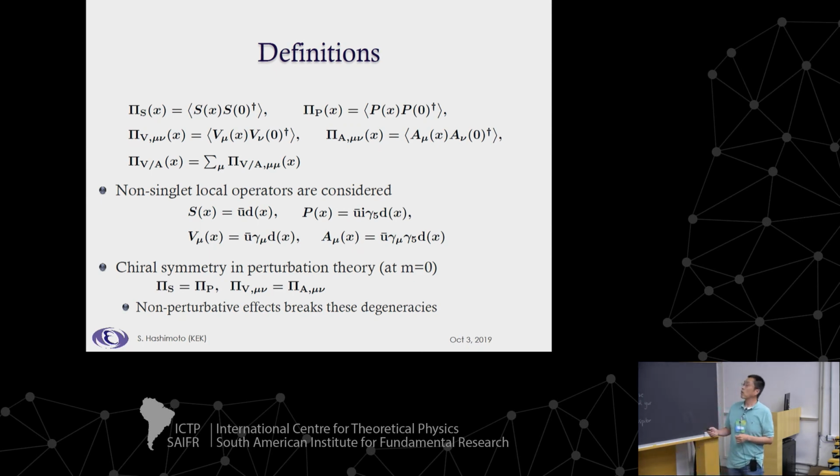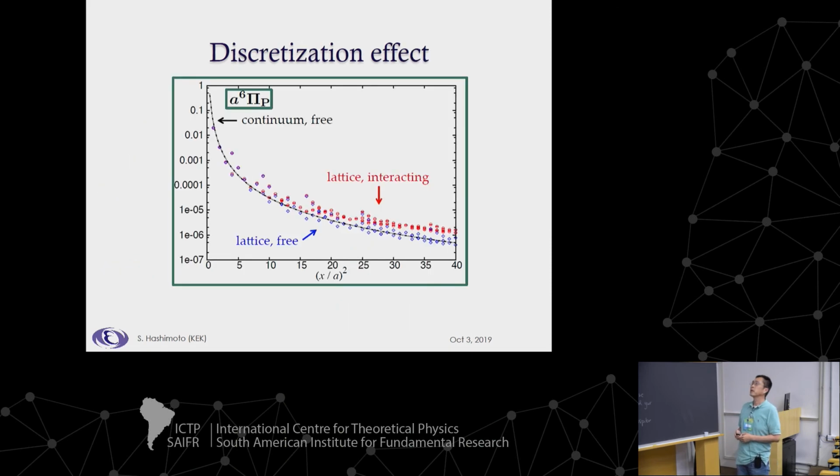And we always consider the flavor non-singlet operators, so we do not have the disconnected diagrams. And we are using the chirally symmetric lattice action so that the scalar and the pseudo-scalar become equal when the non-perturbative correction is eliminated. The same for the vector and the axial vector current. Of course, in the massless limit.